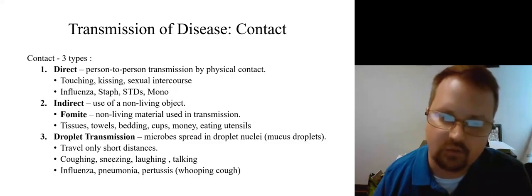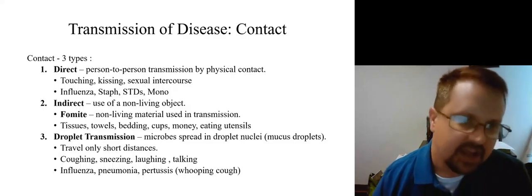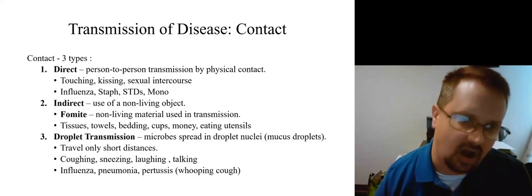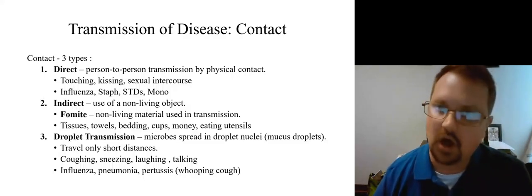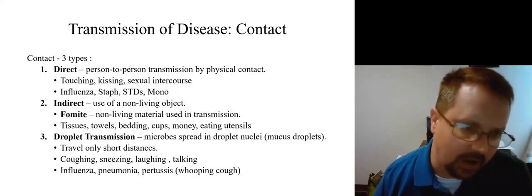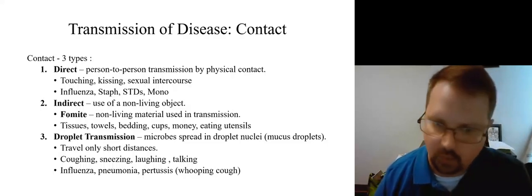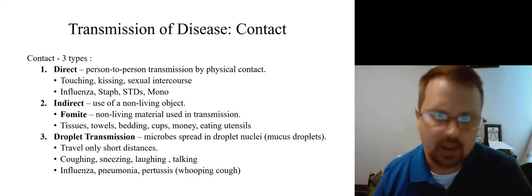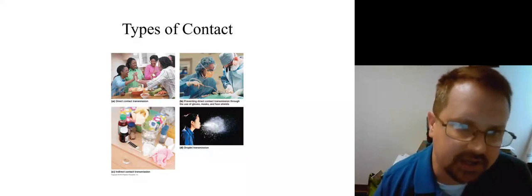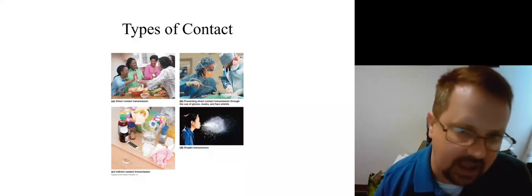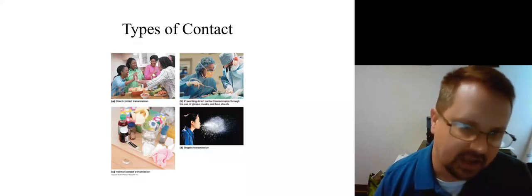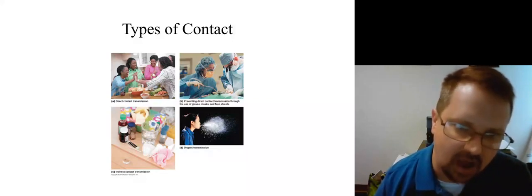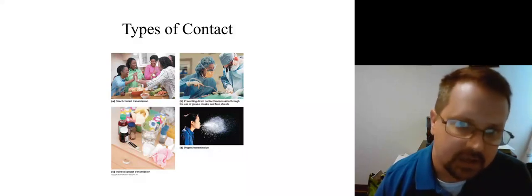Microbes can spread as droplet nuclei, mucus droplets. They can travel short distances from coughing or sneezing or even talking. This is a really good way of spreading influenza, pneumonia, and whooping cough, called pertussis. So direct contact can be just within friends, very platonic, like grabbing each other's hands, or sexual contact.